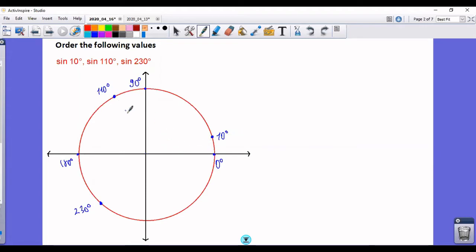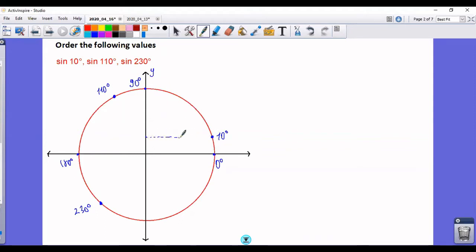For example, for 110 degrees, this is going to be my terminal side, and this angle is the positive directed angle, 110 degrees. Let's just erase them.